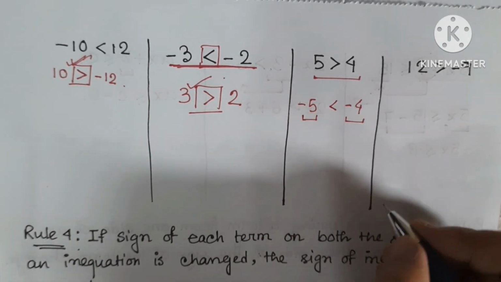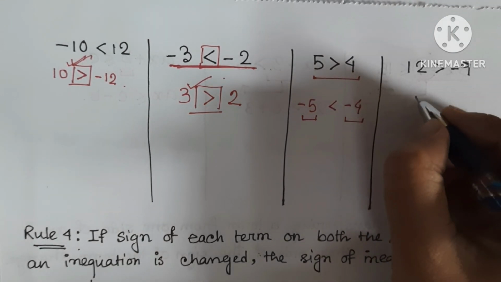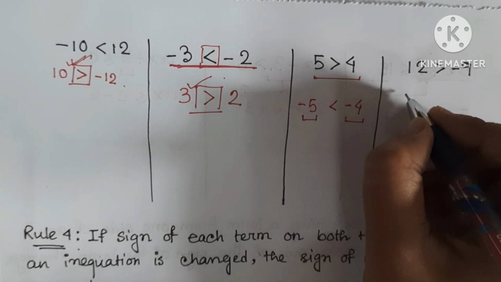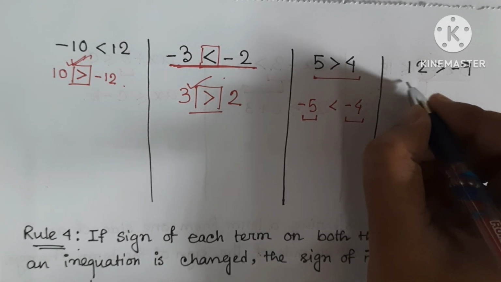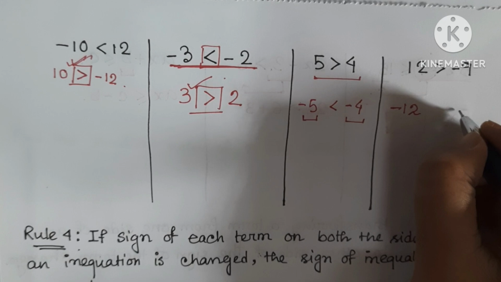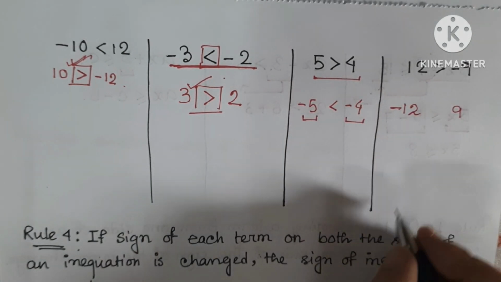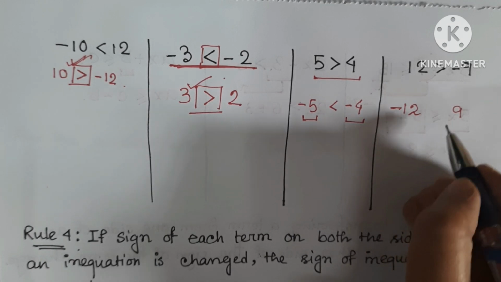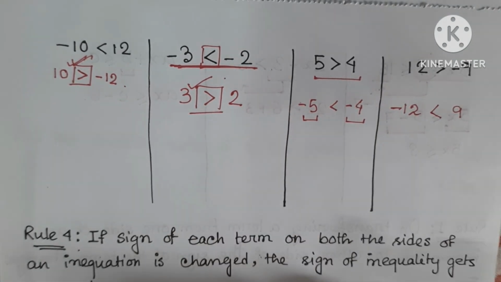So you have to write like this. In case of this inequation, 12 will become minus 12 and minus 9 will become 9. So obviously minus 12 is less than 9.